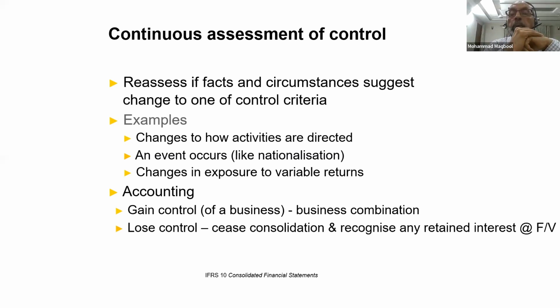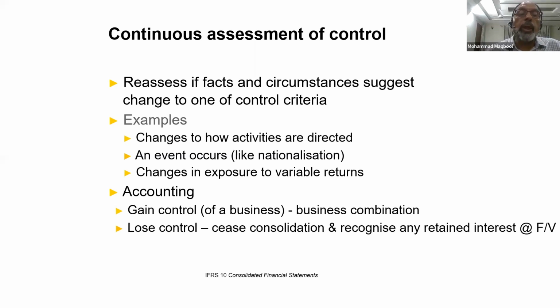Now your ability to direct activity is no longer there, and there could be a change in exposure to the variable return. The variable return exposure is reduced. It's not now materially variable. So in that case, we have to determine whether control is still there or not.